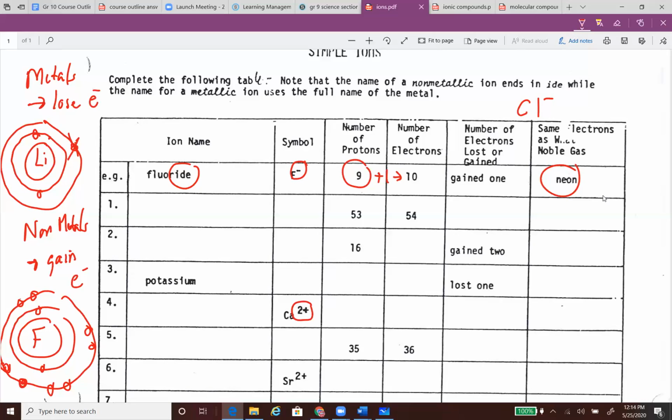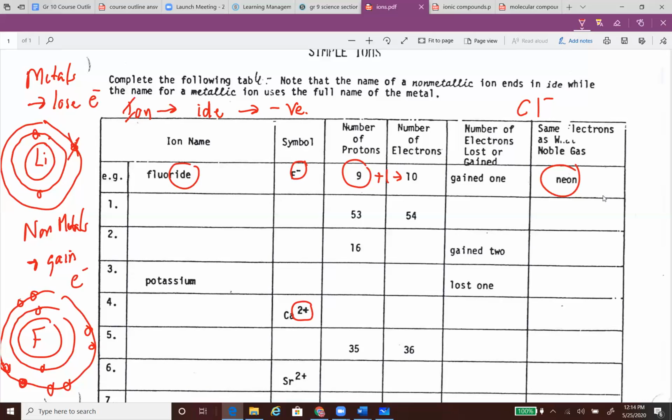So if you come across an ion, and you'll notice that it has an IDE ending on it, then it's negatively charged. Now I'm saying that now, but they're never going to be as easy as it sounds. If it's an ion and you see an IDE ending, that means it's negative.